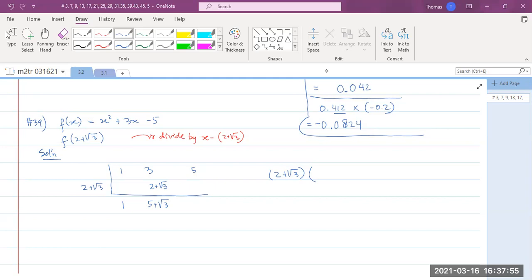Number 39, right? And then we divide by x minus 2 plus radical 3. So the polynomial, I write the coefficients here, right? And then divide by 2 plus radical 3. We have that here.